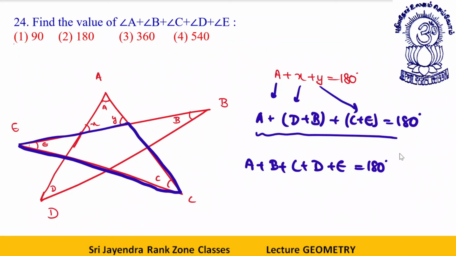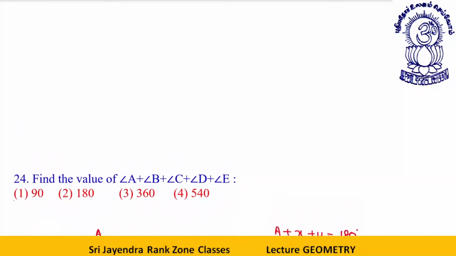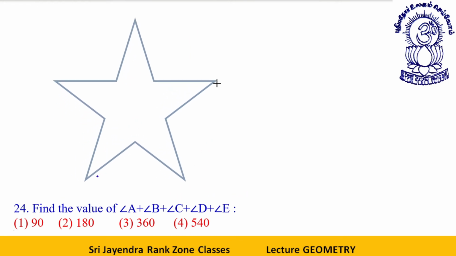Okay. Now another method for doing this sort of question is, look, if I ask you to assume this figure as a regular star. What does the word regular star mean? Look, let me draw the star first.